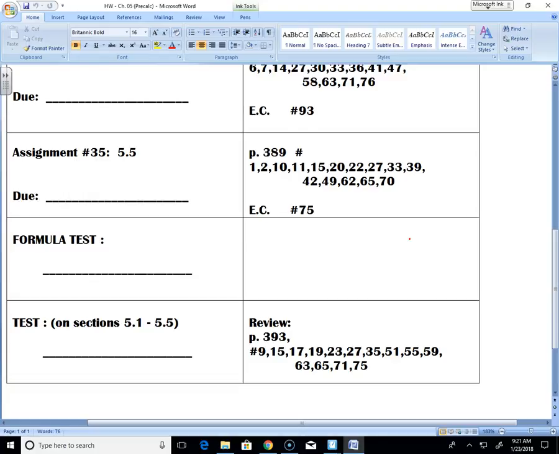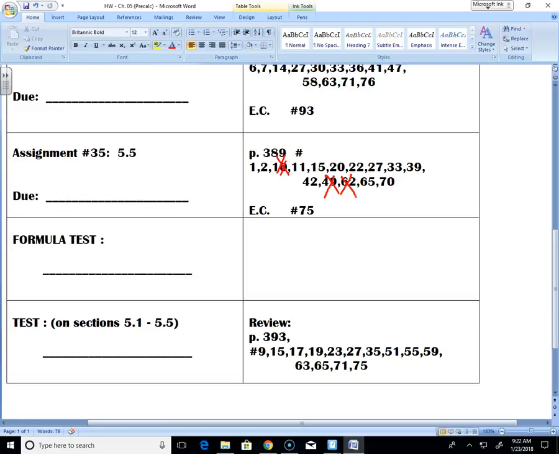Numbers number 10, number 49, number 62.